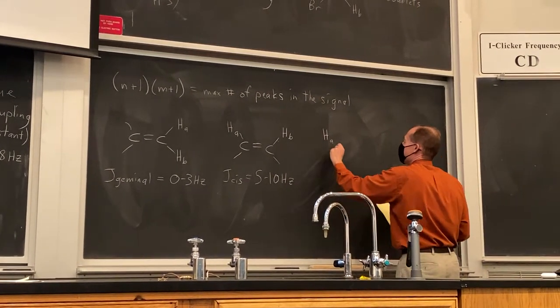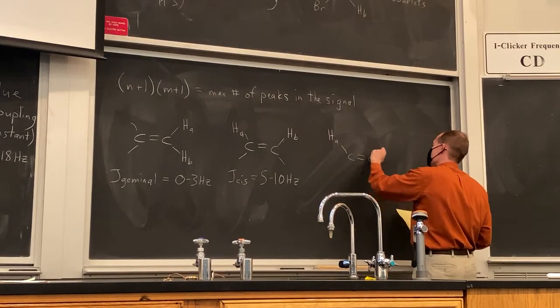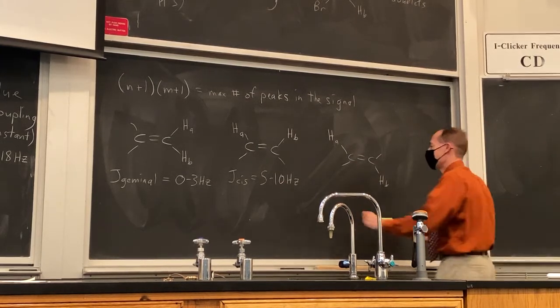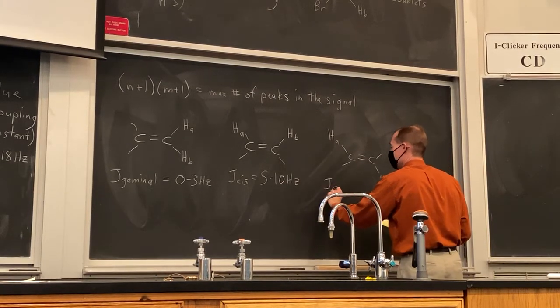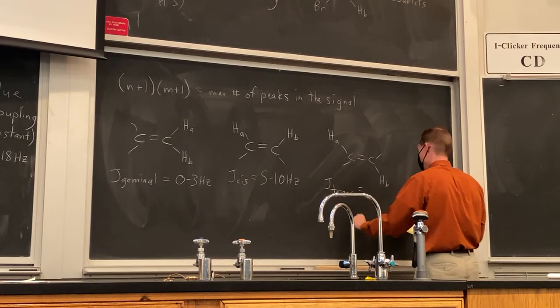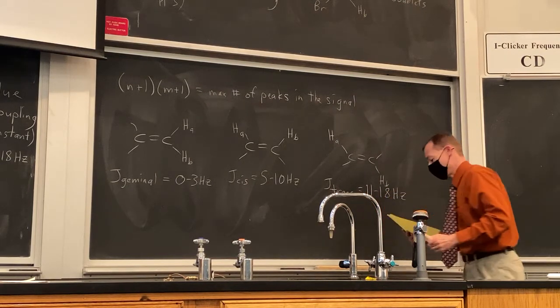And then if we have non-equivalent hydrogens that are trans to each other in an alkene, they will have a large value for their coupling constant. The trans coupling constant will usually be between 11 and 18 hertz.